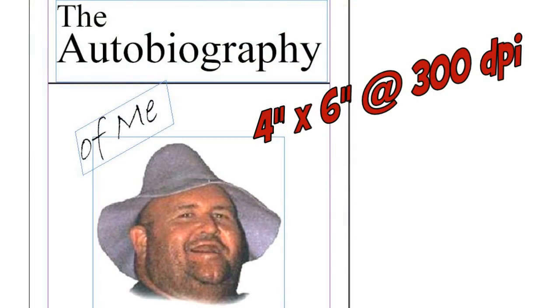Okay, the next question is, what resolution should I save my photos and graphics as? Okay, keep in mind we're dealing with photos here. So if you're putting a photo inside a printed piece, say a brochure, and that the photo needs to be 4 by 6, then it should be 300 dpi at 100%, which means at 4 by 6 the resolution should be at least 300 dpi.